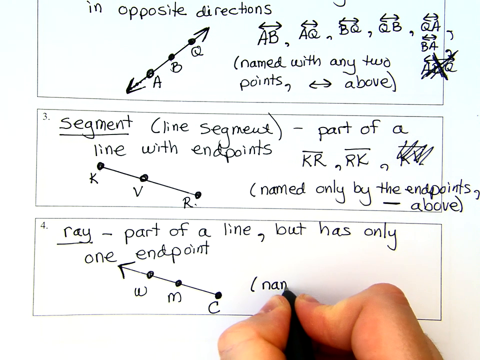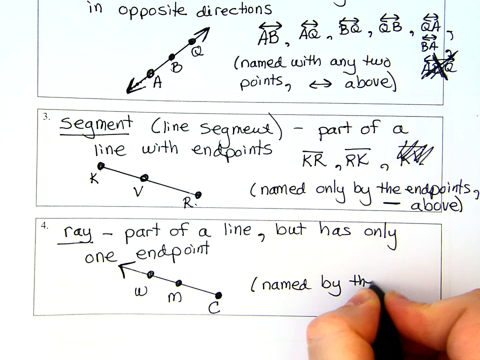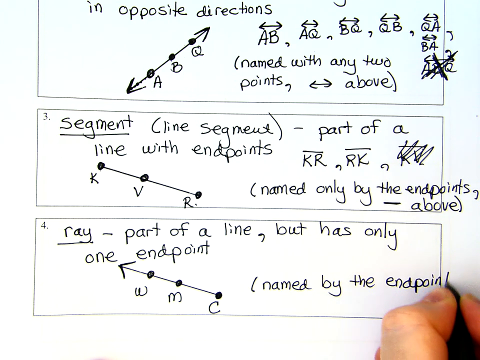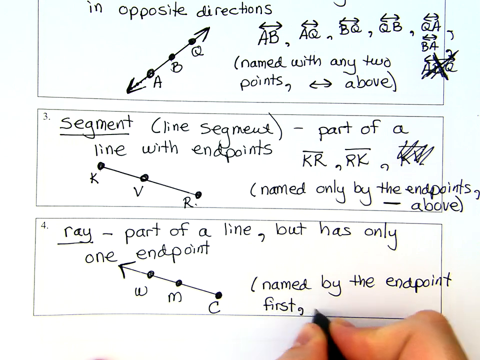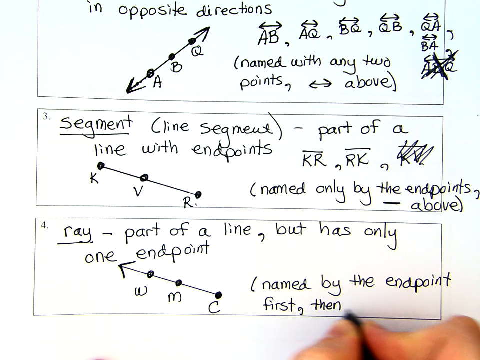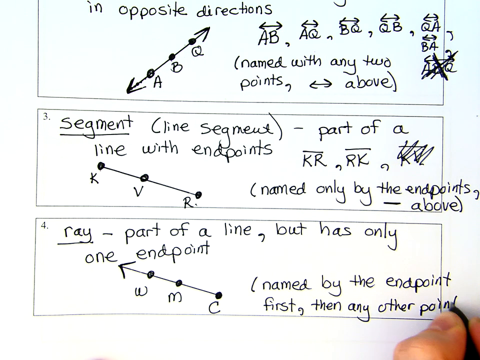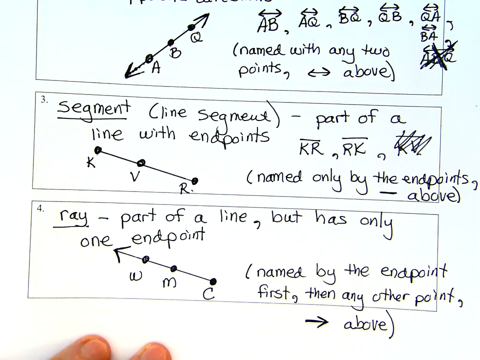It is named by the endpoint first, then any other point, and I'm going to use one of these things above that kind of looks like a ray because it has one arrow.